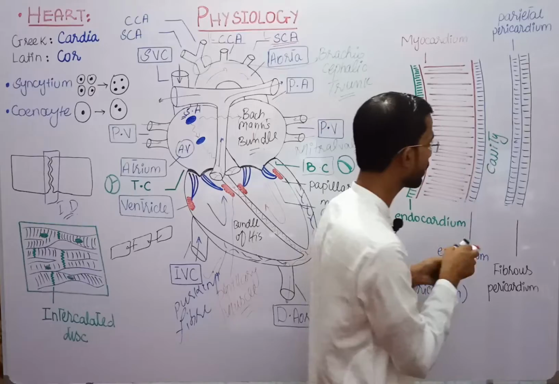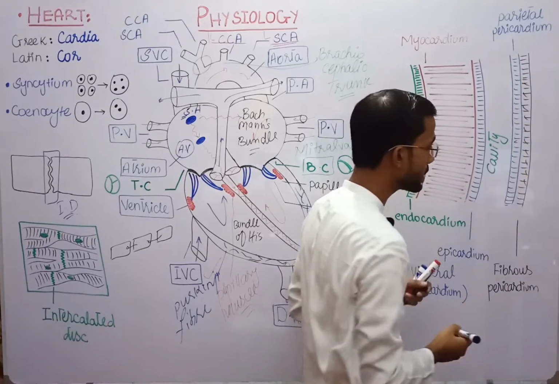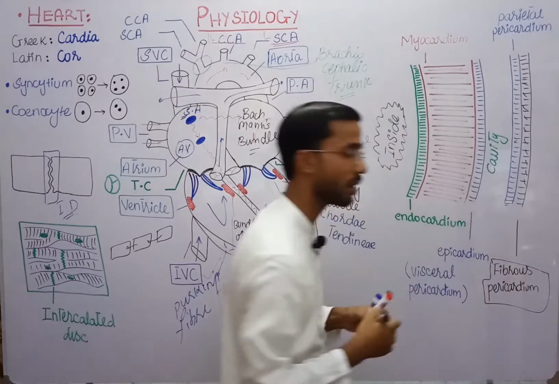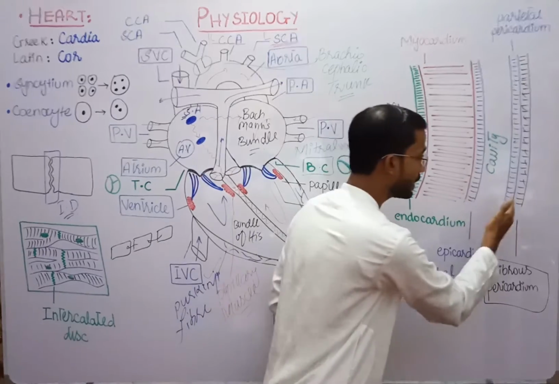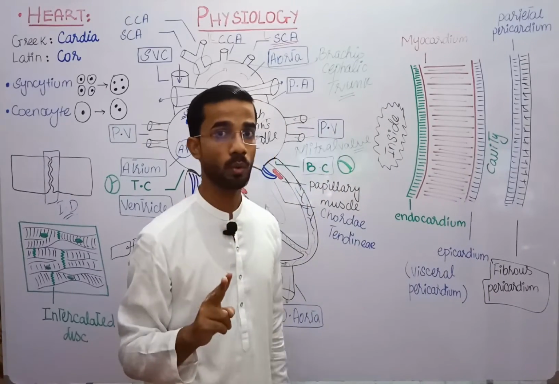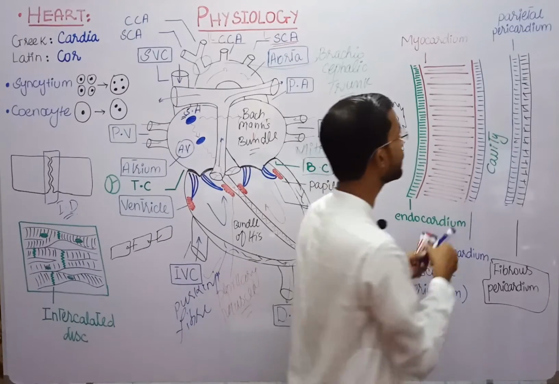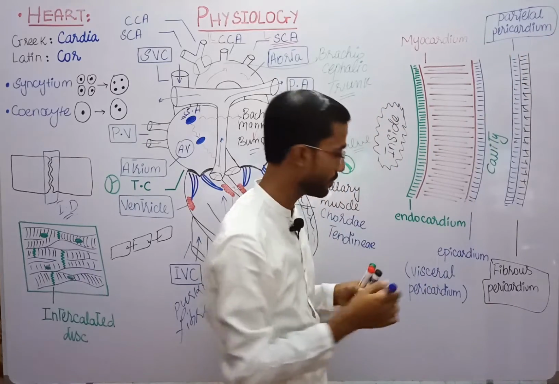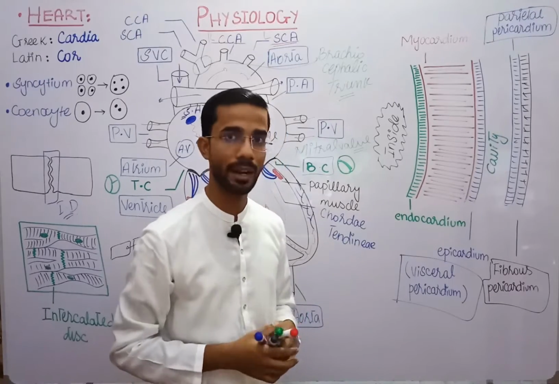Pericardium. Here you can see, which is shown by the black line. This layer is called the fibrous pericardium, right? And after that there are two layers, which are shown by the blue color: parietal pericardium and visceral pericardium, right?